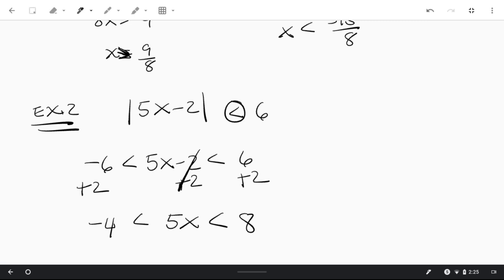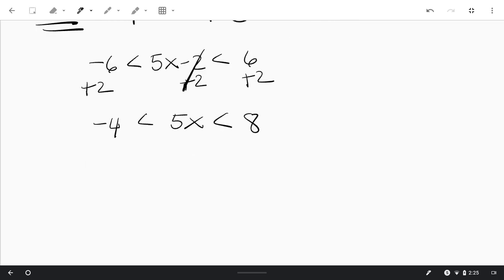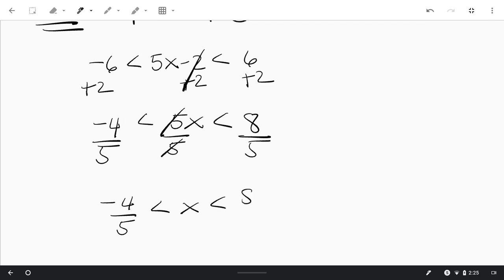So we need to divide all 3 parts by 5. So divide here by 5, but then you also divide here and here. And that would be your answer. Negative 4 over 5 less than x less than 8 over 5.